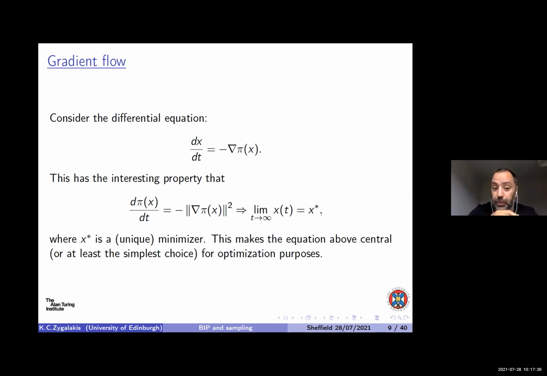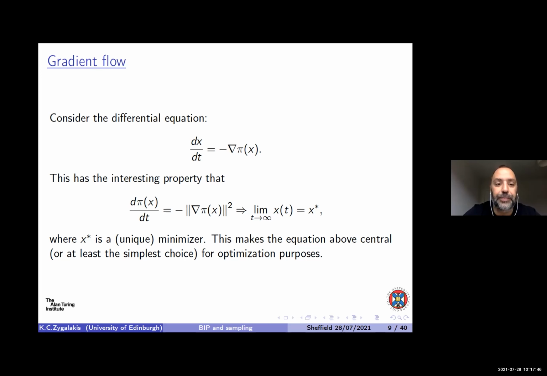Let's call this point x star. And under the assumptions that we're studying, for example in our models, that would imply that the solutions of this differential equation would converge to the unique minimizer of your posterior distribution, or the maximizer in this case, because there's a minus there.